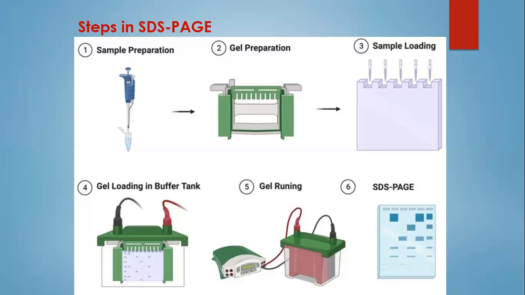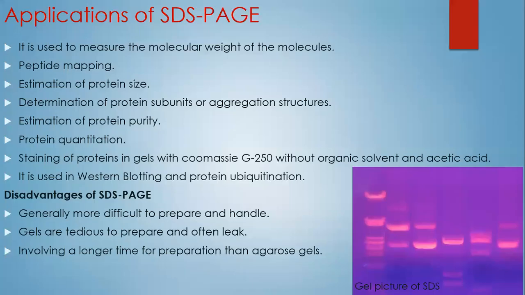The bands are then seen under UV light. So this is the type of bands we can see after running the SDS-PAGE. Application. This is also a picture of SDS-PAGE.